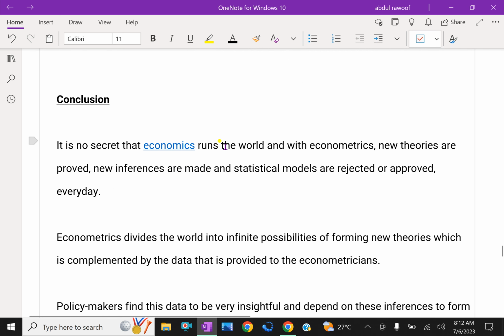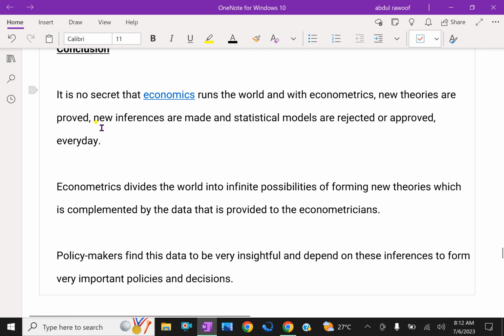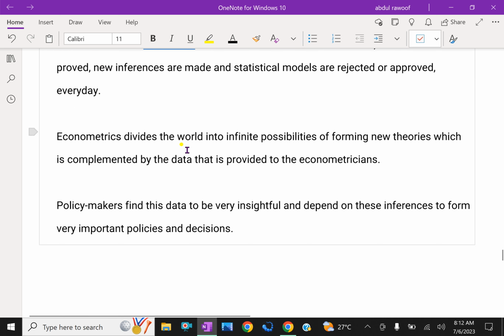Let us conclude about the function of econometrics. It is no secret that economics runs the world, and with econometrics, new theories are proved, new inferences are made, and statistical models are rejected or approved every day.